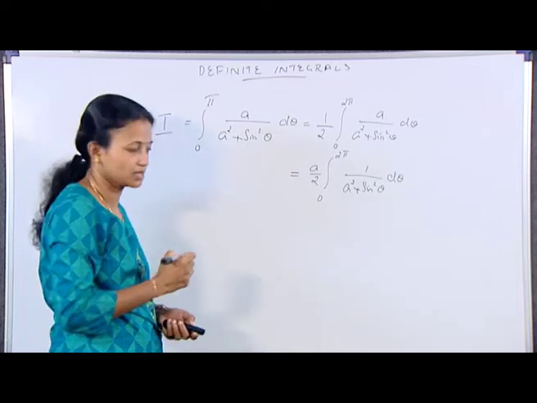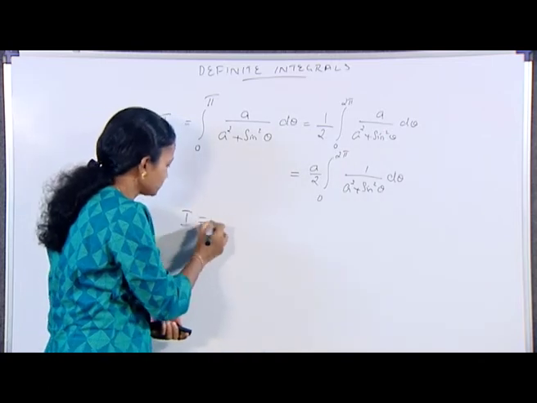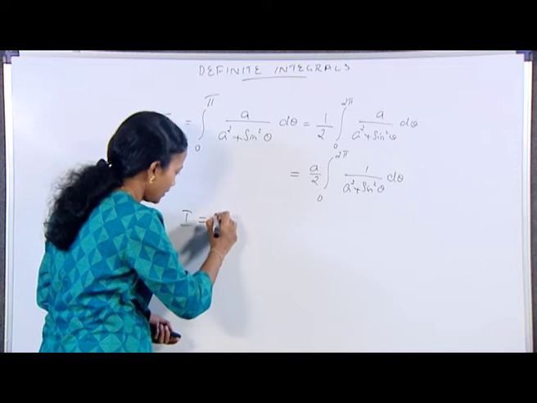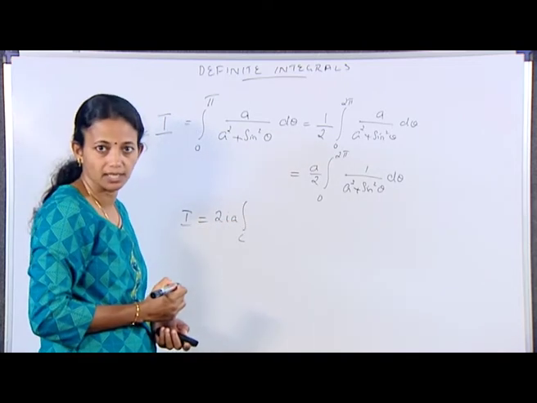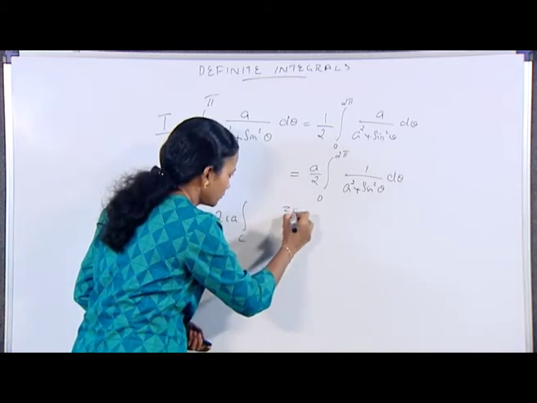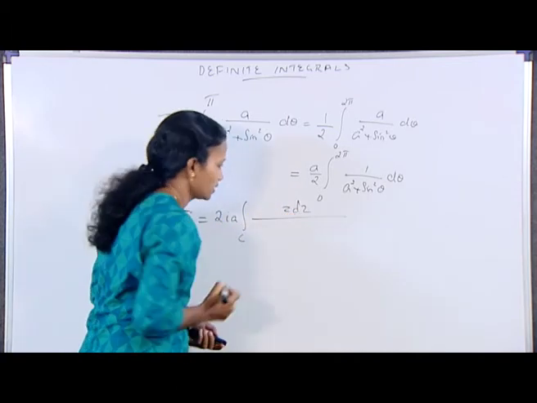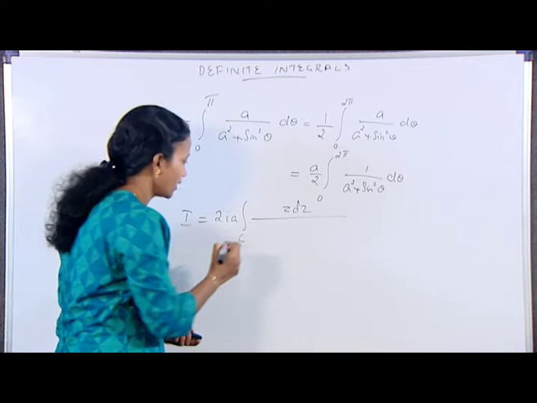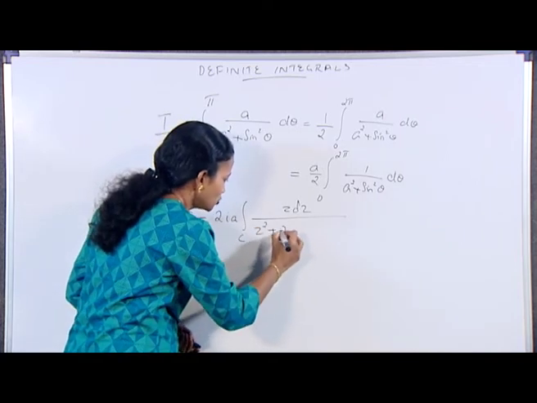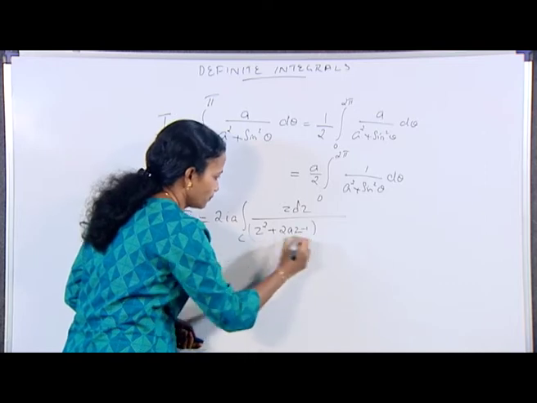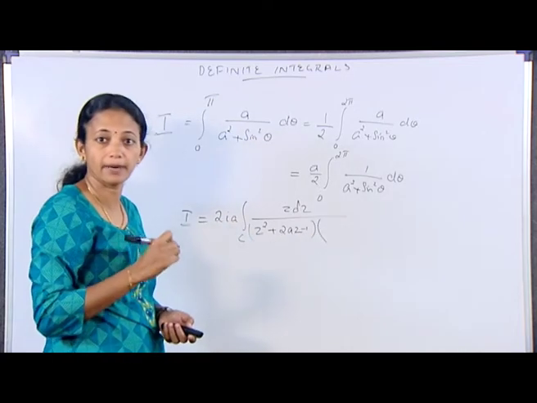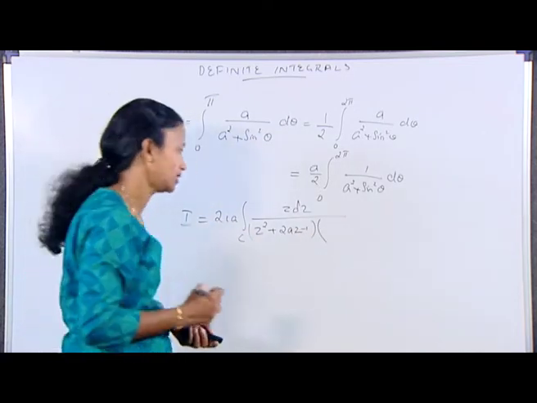So, this becomes I is equal to 2iA integral over C z dz by z square plus 2az minus 1 into again z square minus 2az minus 1.